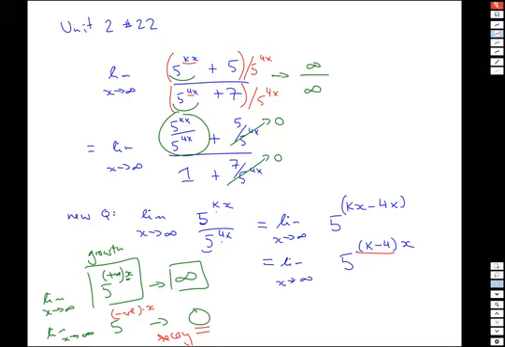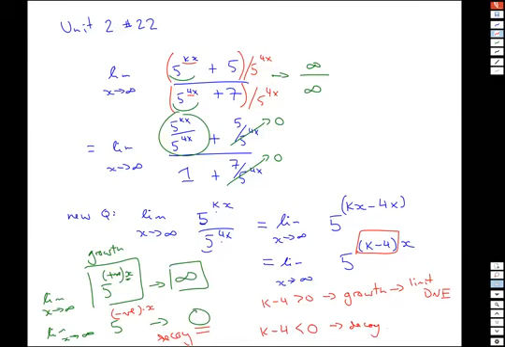Well, what plays the role of that multiplier in this particular question is the k minus 4. So if we have k minus 4 positive, that leads to growth, and the limit is infinity or does not exist. If k minus 4 is negative, less than 0, then we get decay, and the limit exists, and more specifically equals 0.